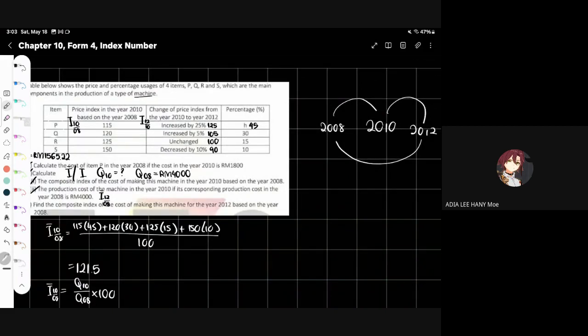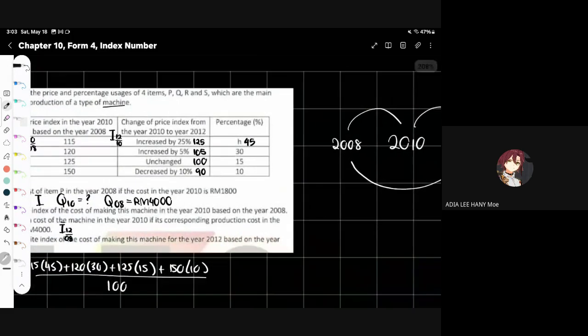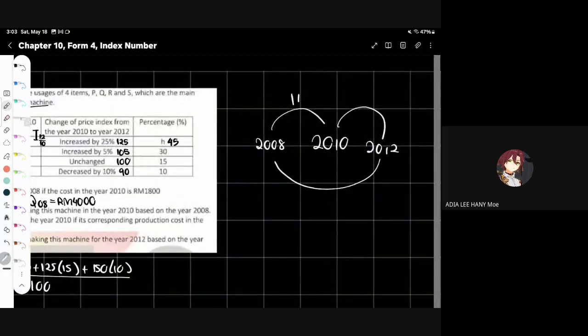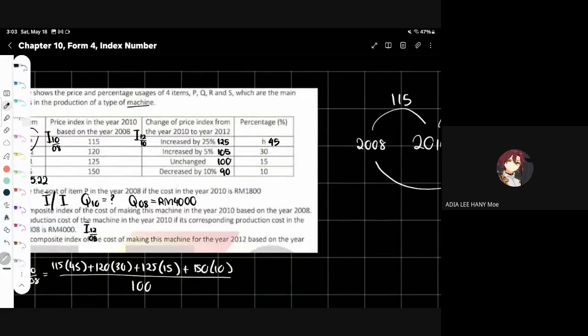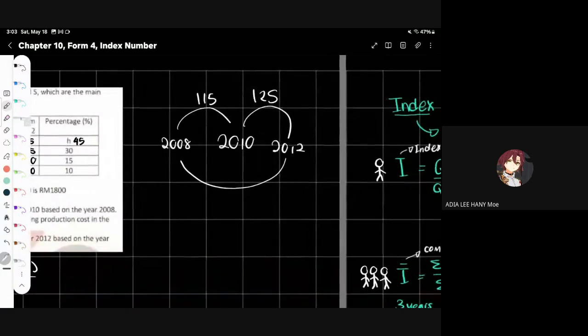Let's use P as an example. From 2008 to 2010, we put 115, look at this value, and then we put here 125, and then we divide by 100. We should get this value here. Later I will explain why we have to do 4 of them. 115 times 125, divided by 100, is 143.75.